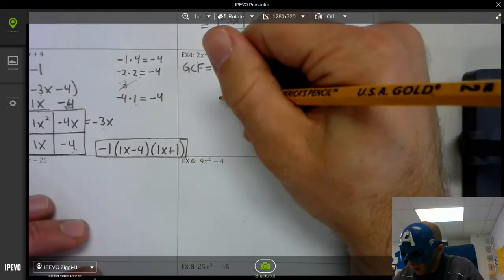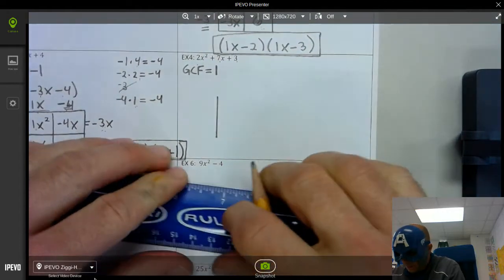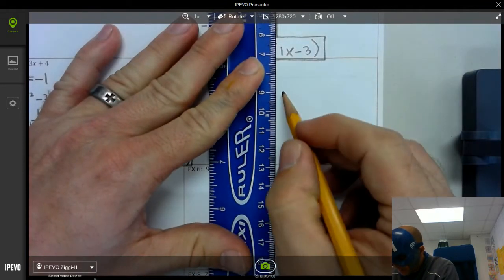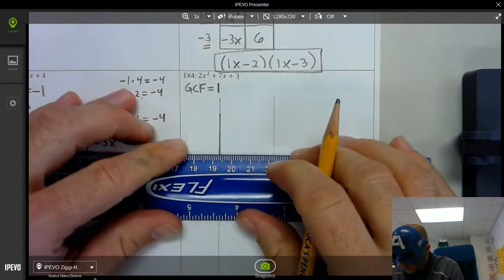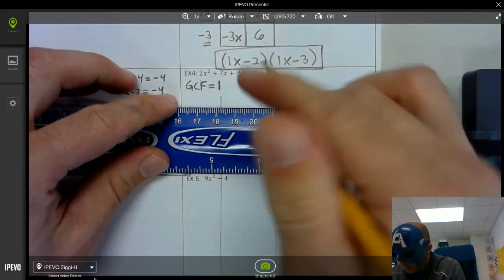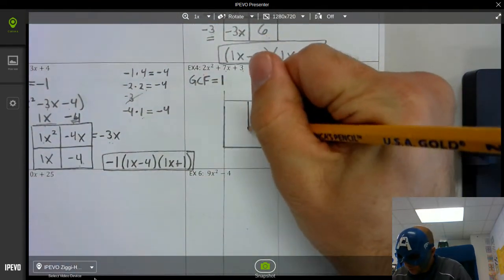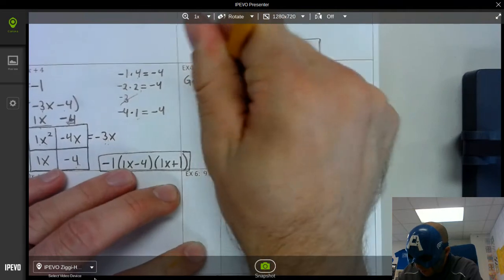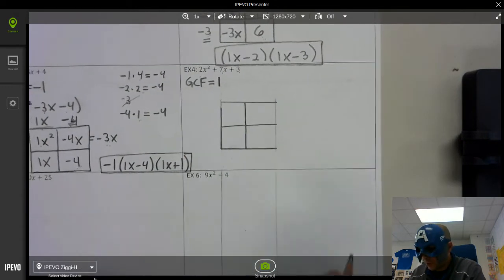So then we draw our box. All right, we have a trinomial, so we're going to factor now.